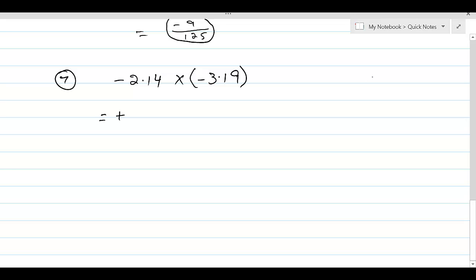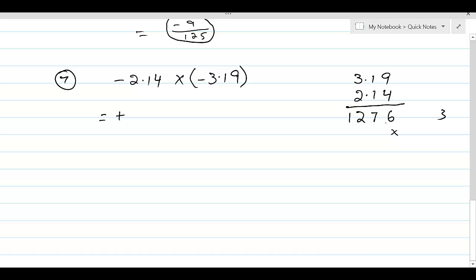And if we perform this multiplication manually, this would be 3.19 and then 2.14. And 4 times 9 is 36, 3 carried, and 4 times 1 is 4, and plus 3 would be 7, and 4 times 3 would be 12. And leave one space here.